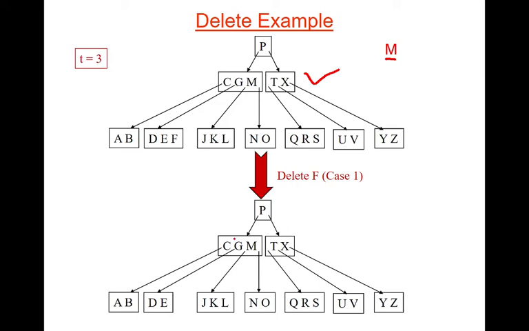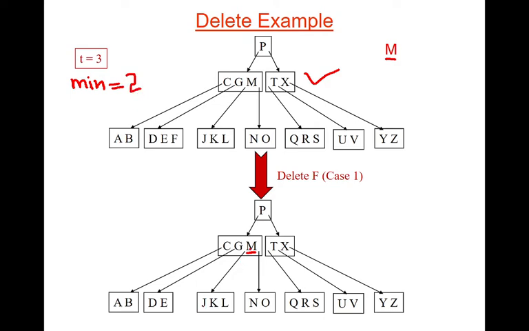Now in this tree we have to delete M. As you see, we will go down from here. This is the root node, so no issue, but this is an internal node, and we see that M is here, right? Now we know that the minimum number of keys a node can have is 2, right?